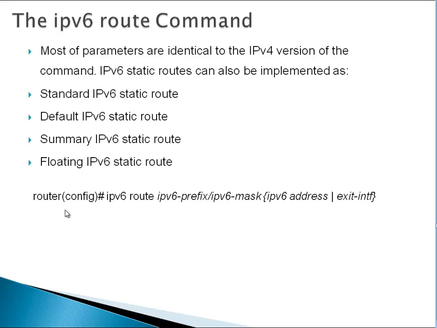The command starts, in global configuration mode, with ipv6 route, and the prefix, the destination network, and the prefix length, then the IPv6 address of the neighbor, or your exit interface. Like for example, in this case, we have ipv6 route 2001:DB8:ACAD:1::/64 exit interface serial 0/0/0.